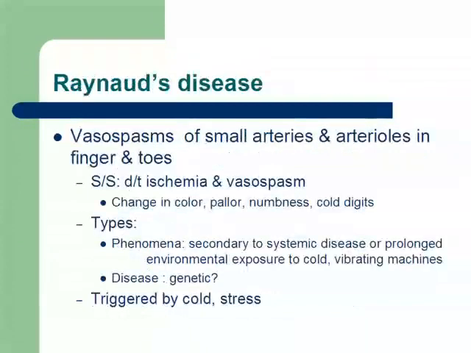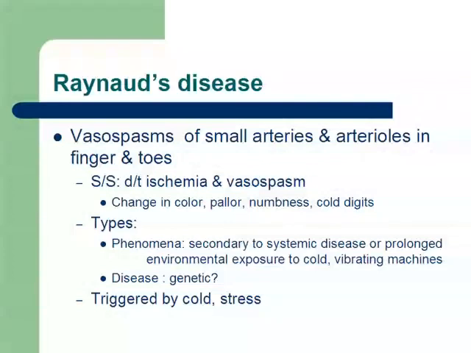Raynaud's disease is when you have spasms of your small arteries and the arterioles in your fingers and toes. This is due to ischemia and vasospasm. You'll have changes in color, pallor, numbness, and your digits, your fingers and toes, will be very cold. There are different types. The phenomenon is secondary to a systemic disease such as scleroderma or pulmonary hypertension, or could be due to prolonged environmental exposure to cold and vibrating machines.